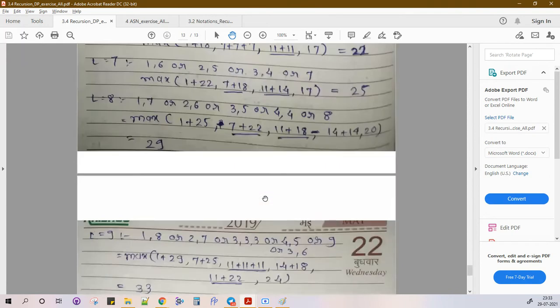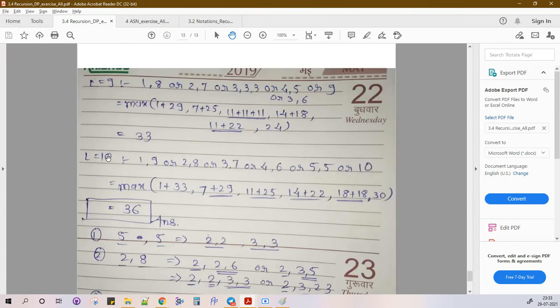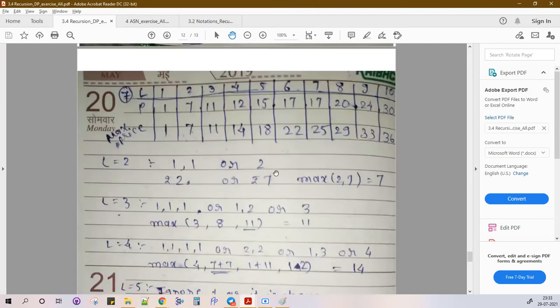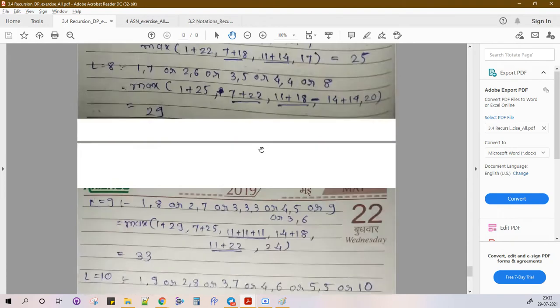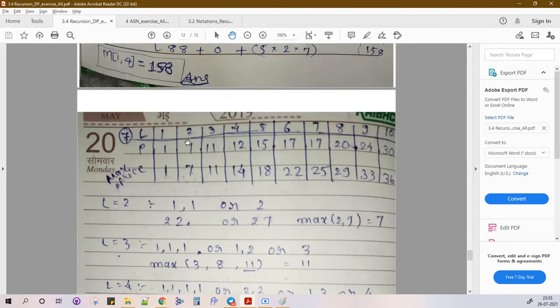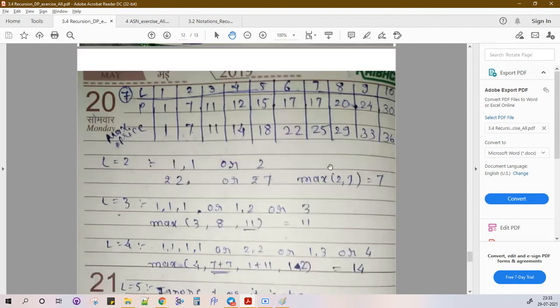And why this is useful is because to solve 10, I can have this many parts: 1 9, 2 8, 3 7, 4 6, 5 5, or 10 only, right? And I cannot use the price directly. Let's say I'm having 2 and 8. I cannot use this price directly. 2 is 7, 8 is 20, because the maximum profit I can earn out of 8 is nothing but 29. How?